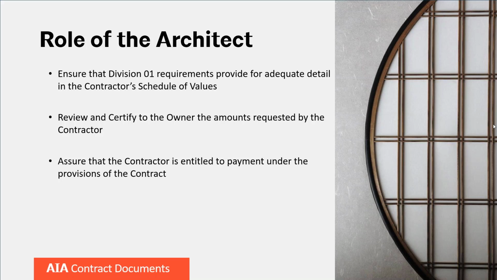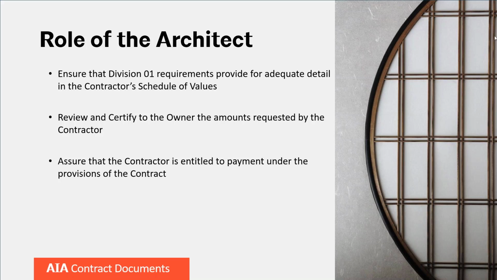So if there's an amount that's requested, the architect will have a role in its on-site observations, first of all, in determining the progress of the work and making sure that there is nothing that the architect has observed that would constitute non-conforming work that has failed to meet the requirements of the contract documents. And we'll talk a little bit later about what are the reasons that would be valid for withholding payment.